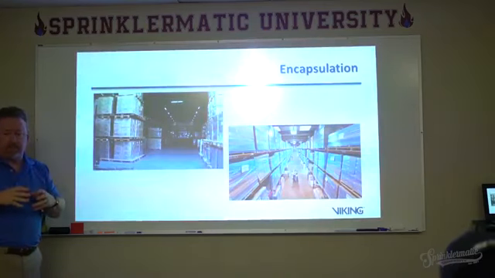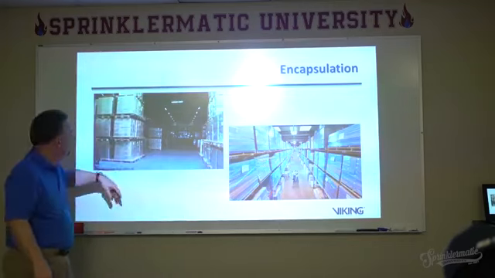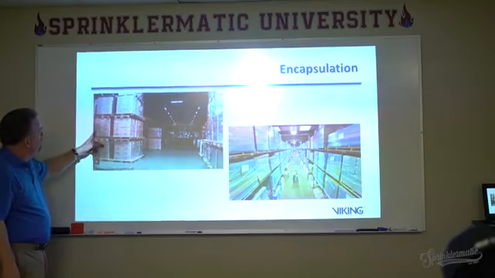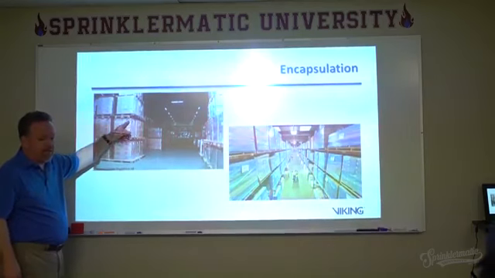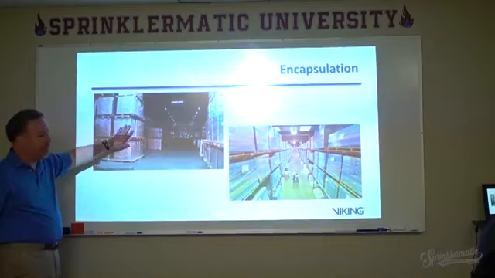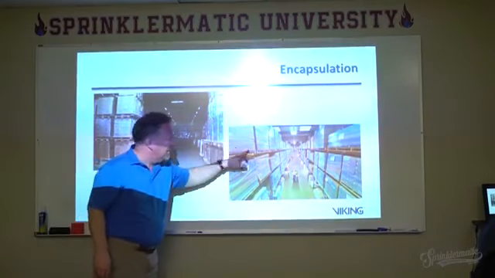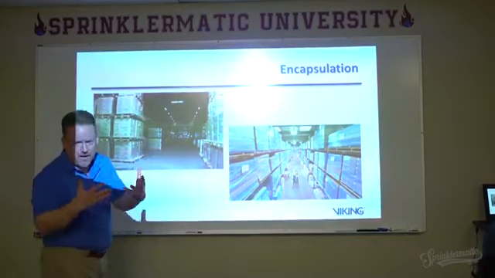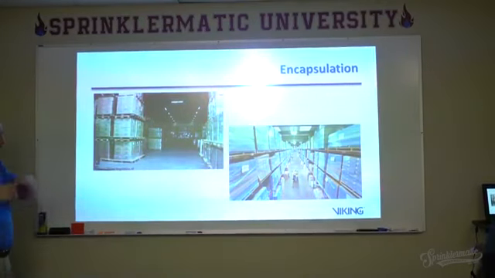Shrink wrapped, absolutely. That's the encapsulation. Now, if I have just plastic wrapping around one box, and I'm placing that box on top of others and they're all individually shrink wrapped, that's not considered encapsulation. Encapsulation is around the entire pallet load that's going into this shelf.